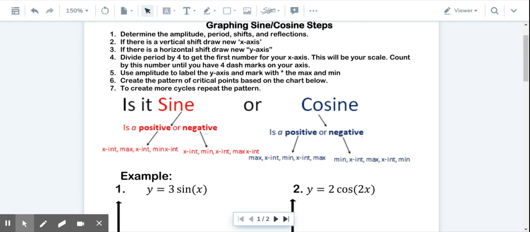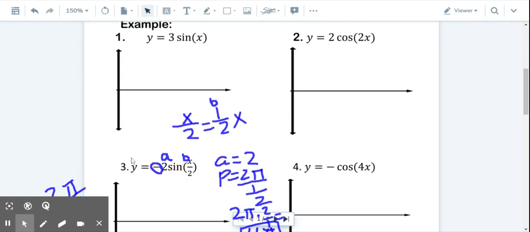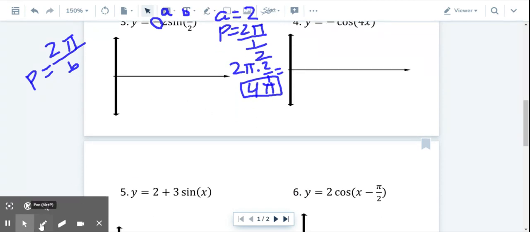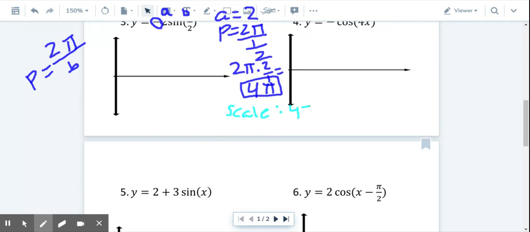So divide the period by 4 to get the first number for your x-axis, which also gets us our scale. So here's my period. Once again, I'm going to do it in a different color so we don't get confused. Our scale here is 4 pi divided by 4, which just equals pi. 4 for 4 is 1.